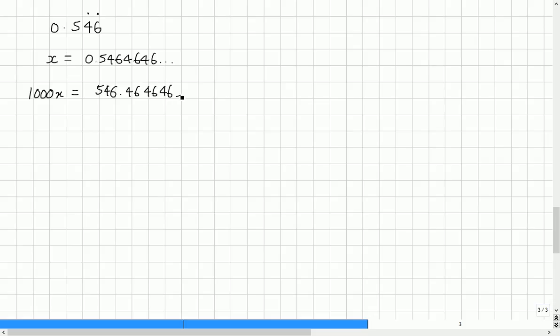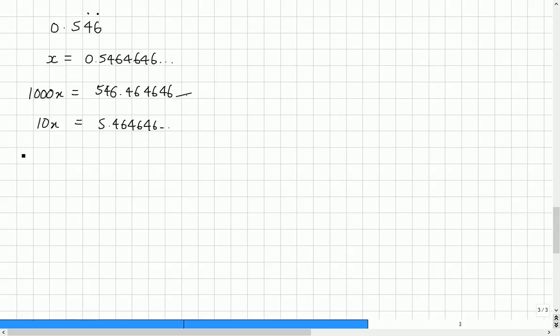which would be 546.464646, and let's find 10x, which would be 5.464646, and so on. Okay, so now hopefully we can see that by subtracting, we are going to get rid of all of this decimal at the end here.